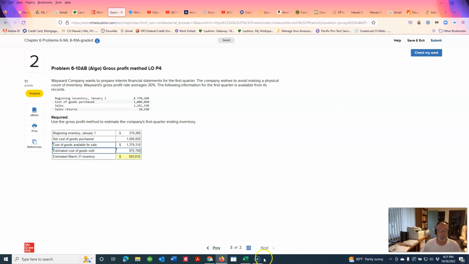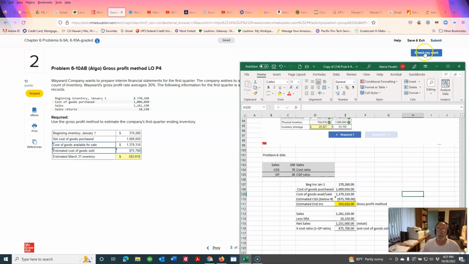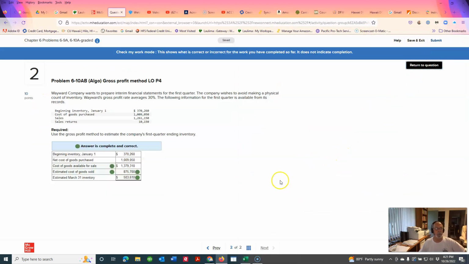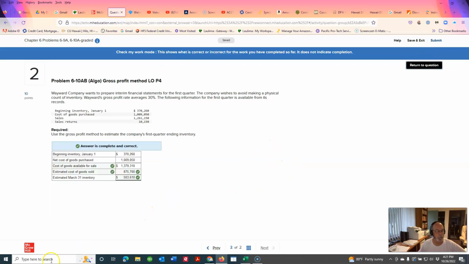And we want to, let's get our worksheet here. Oh no, we can't check our work with our worksheet there. There we go. And we want to check the work, and we're okay. Why don't we take a picture of that?